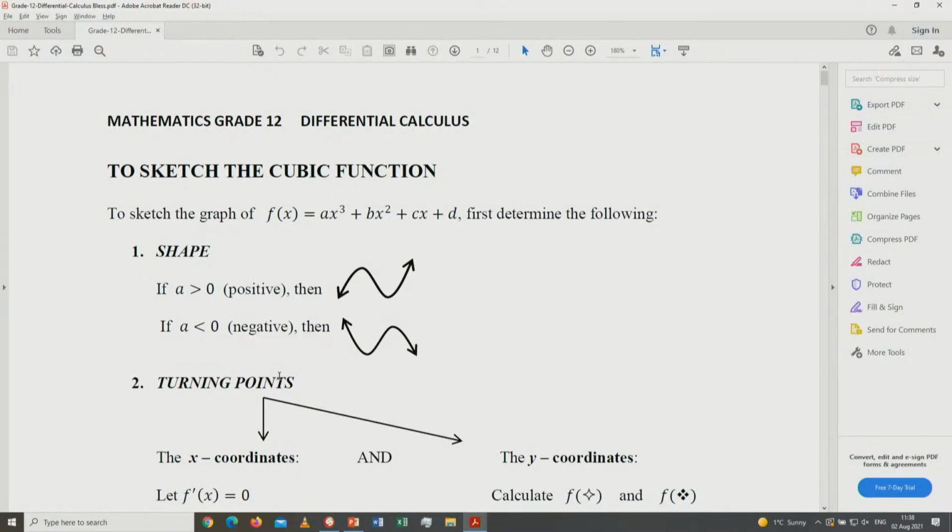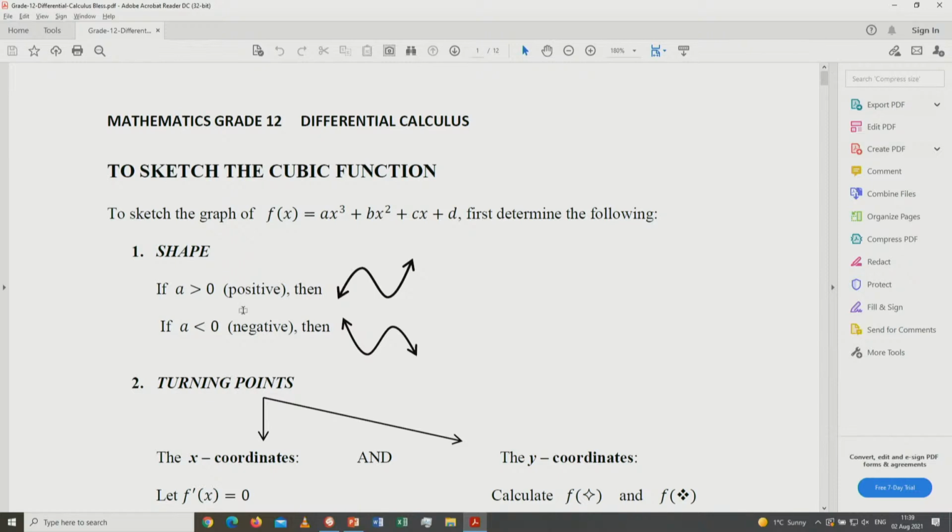As I indicated earlier, the format is f(x) = ax cubed plus bx squared plus cx plus d. We know that d here represents the y-intercept. Now, with regard to the shape, learners, you'll recall that with the quadratic function, the value of a plays an important role in determining the shape of the graph.